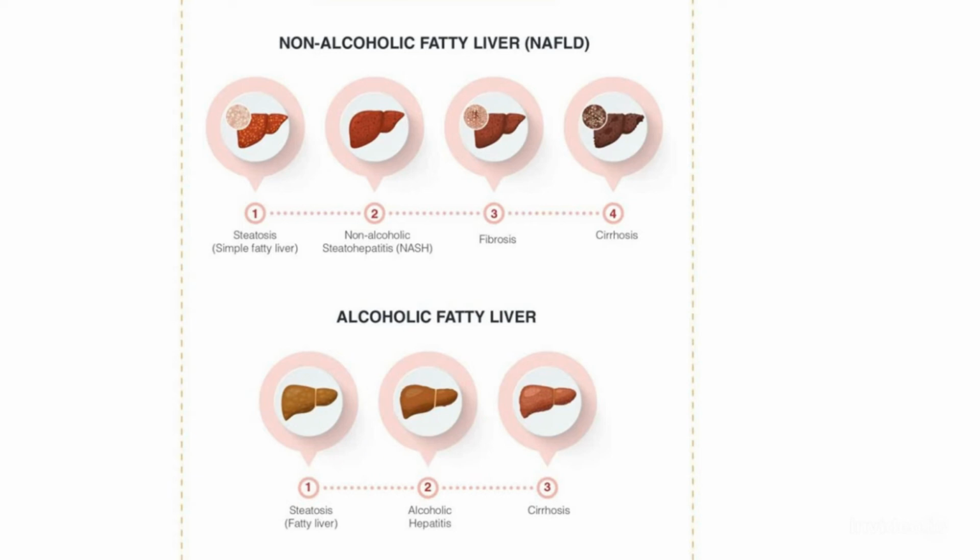Stage 2, alcoholic hepatitis, is characterized by inflammation of the liver leading to degeneration of liver cells. Jaundice is the most common symptom in this stage. Stage 3, liver cirrhosis, is the last and final stage of alcoholic liver disease, where permanent scarring of healthy liver tissue occurs. It is a severe and irreversible condition.